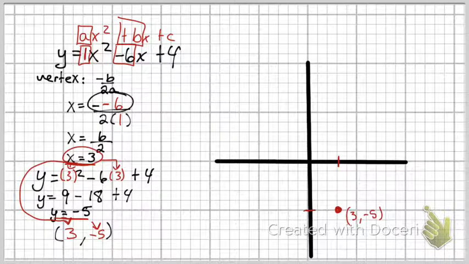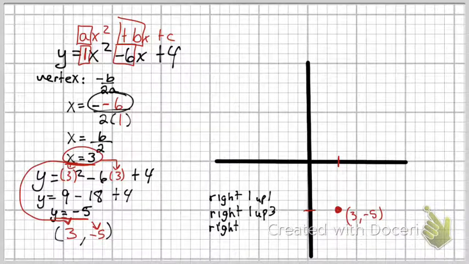Now we just said we can use an alternate pattern on this, where we're going right 1, up 1, then right 1 more, up 3, then right 1 more, and up 5.